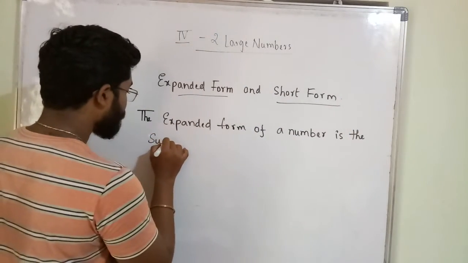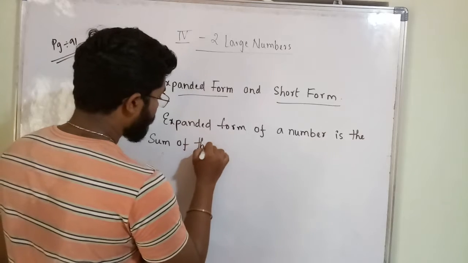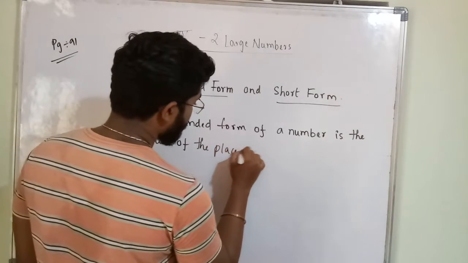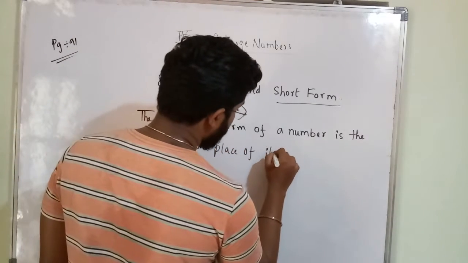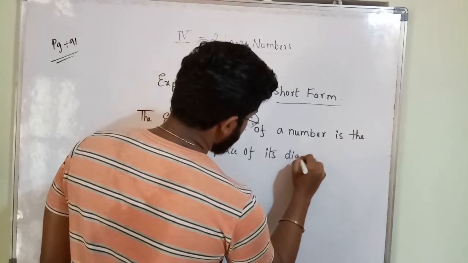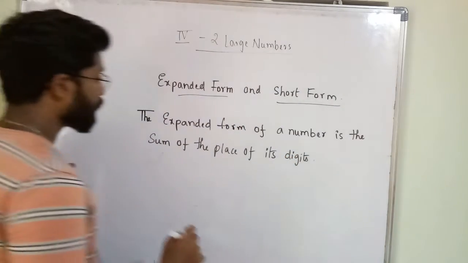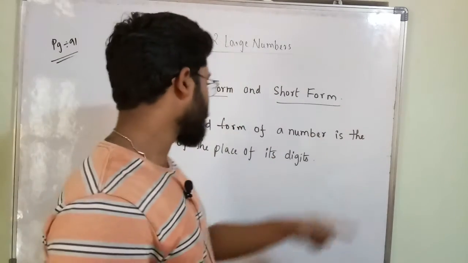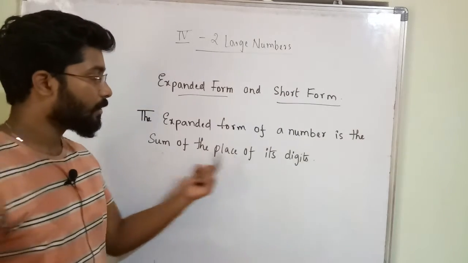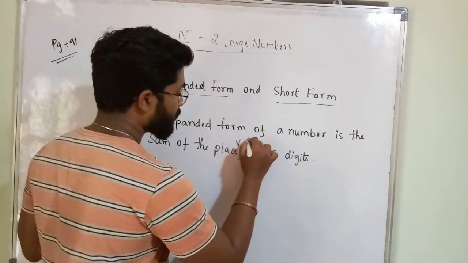Sum of the place values of its digits. So the expanded form of a number is the sum of the place values of its digits.